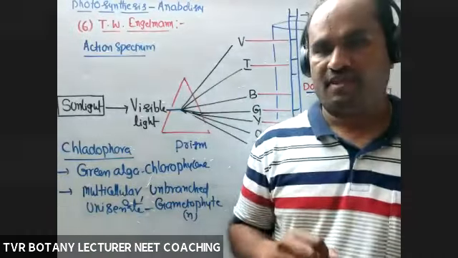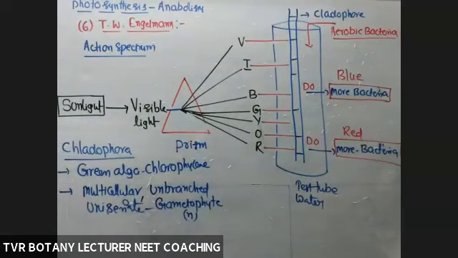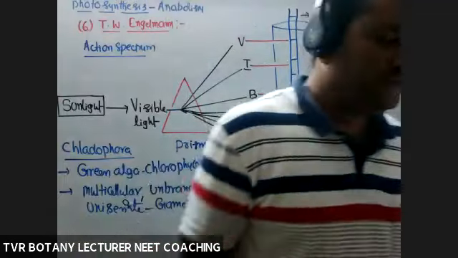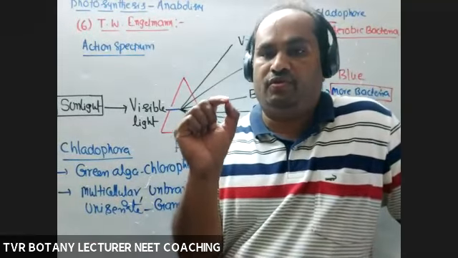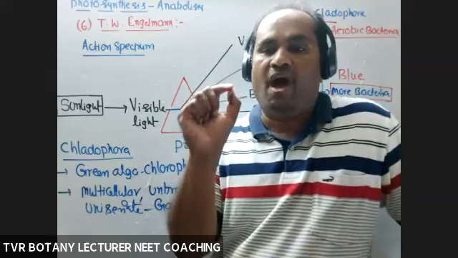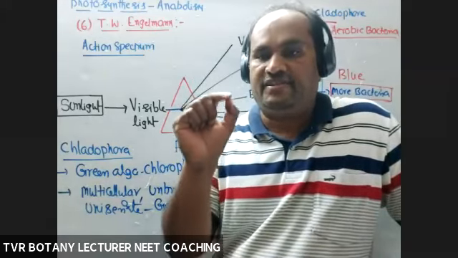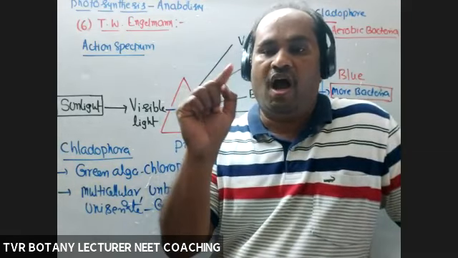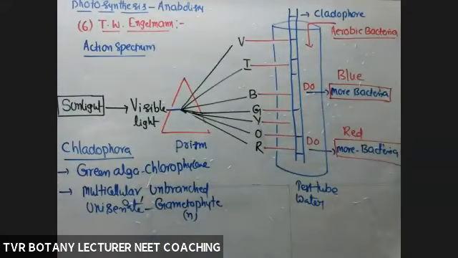oxygen. For example, go back to the complete equation of oxygenic photosynthesis: 6CO2 plus 12H2O, with light and chlorophyll, gives 1 glucose molecule plus 6H2O plus 6O2. How many O2 molecules evolved? 6 O2 molecules.